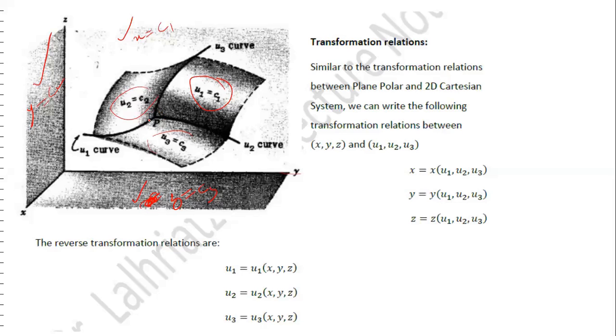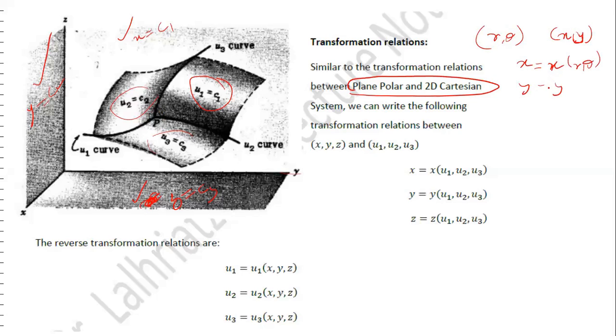Just like when we discussed the 2D systems, plane polar is your r, theta system and 2D Cartesian is your x, y coordinate system, we can write x as a function of r and theta, and y as a function of r and theta.